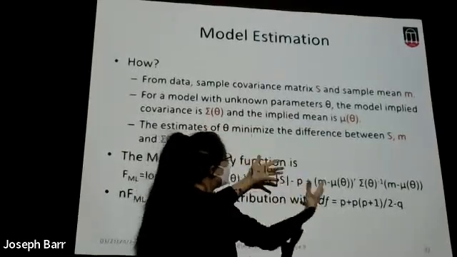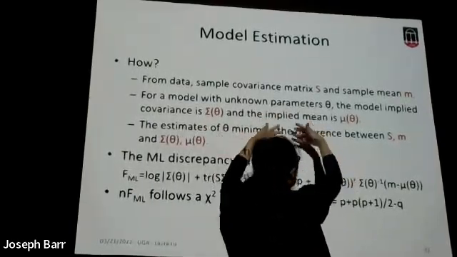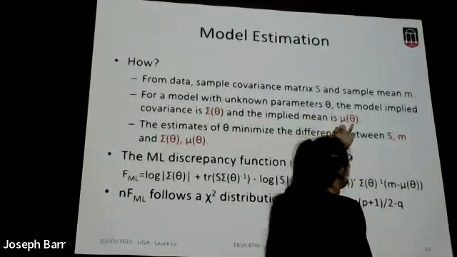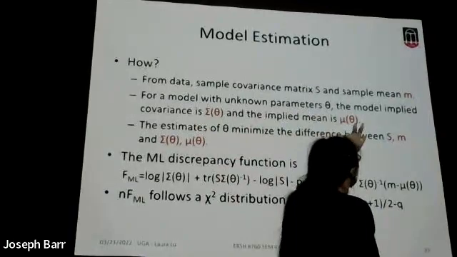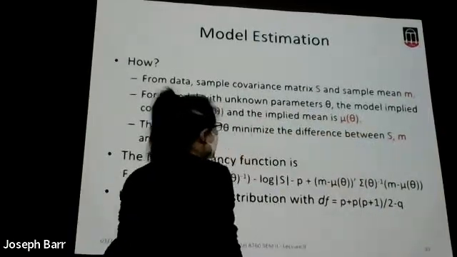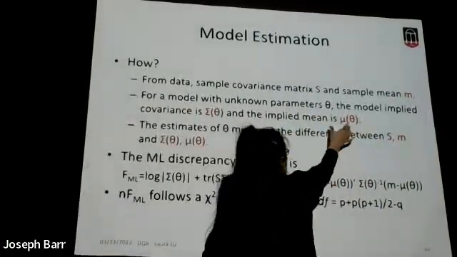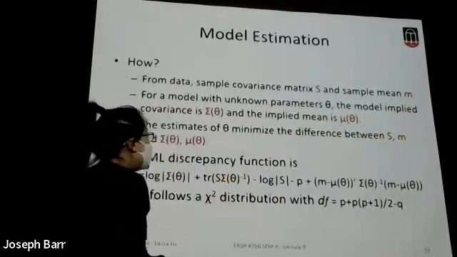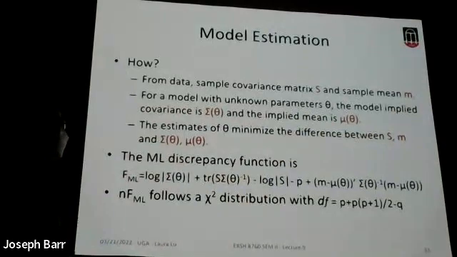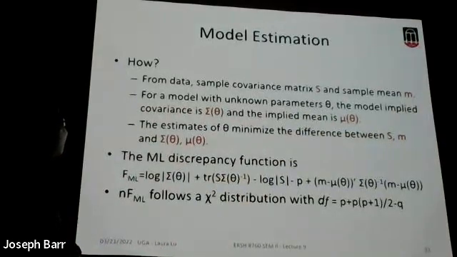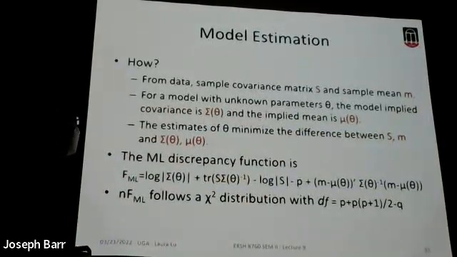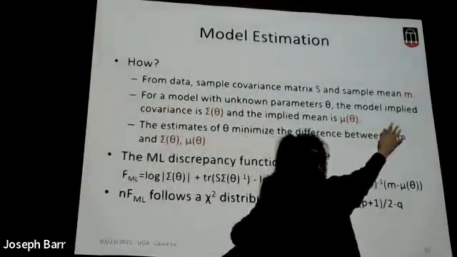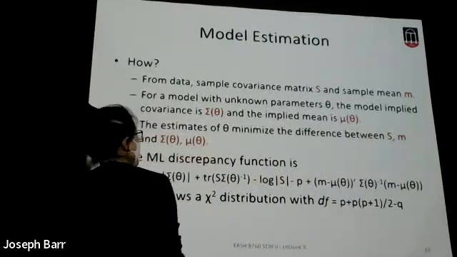We also have the model-implied mean, mu, which is another function of the unknown parameters theta. This is the model-based mean, and this is the sample-based mean. Then we have four components, and the goal of model estimation is the same: we try to minimize the difference between the sample part and the model part.